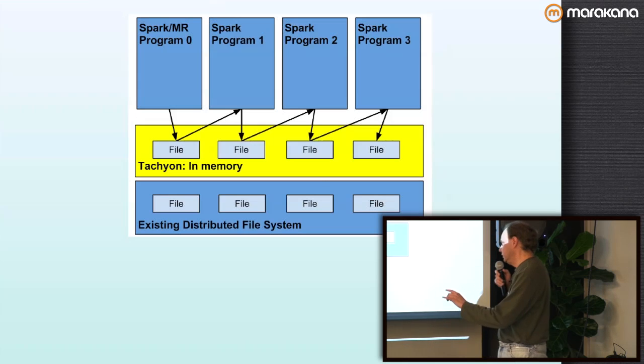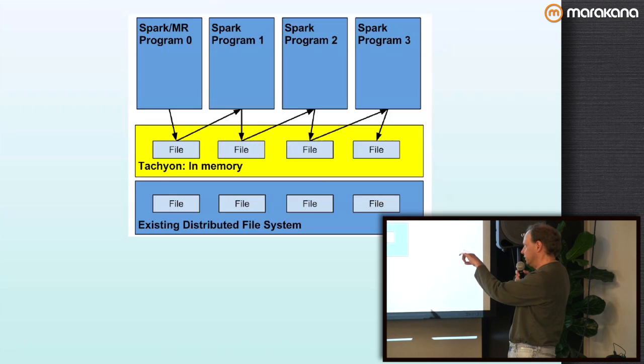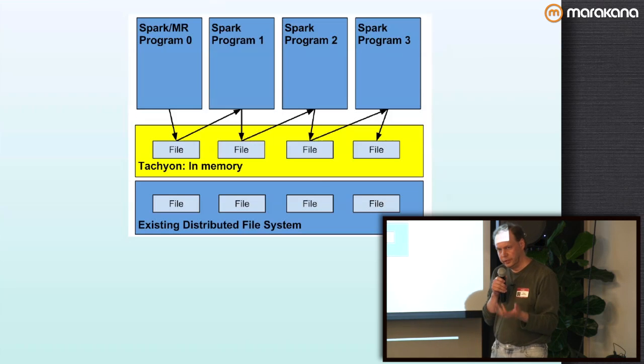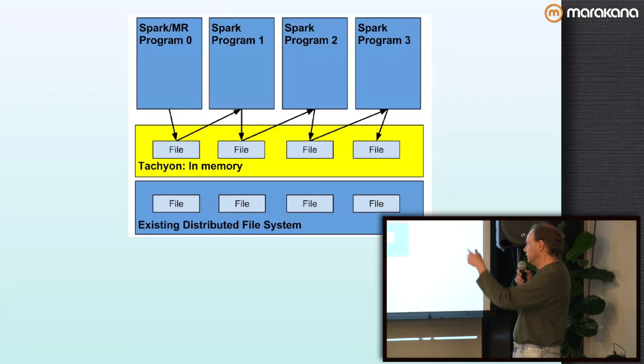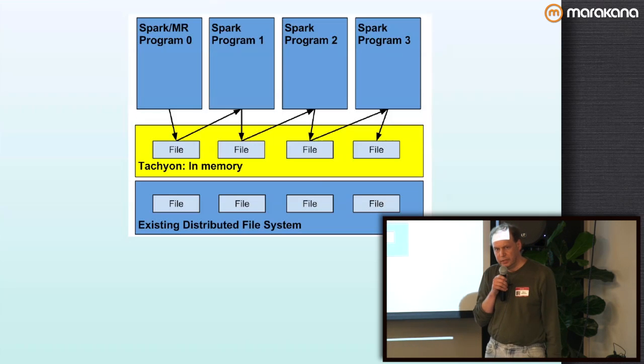If we look here, we see Tachyon is essentially working as a caching layer on top of some sort of existing underlying file system, and in most cases that's going to be HDFS. So you'll be reading and writing to Tachyon, and more than one Spark or MapReduce program can then see the same data set within Tachyon.